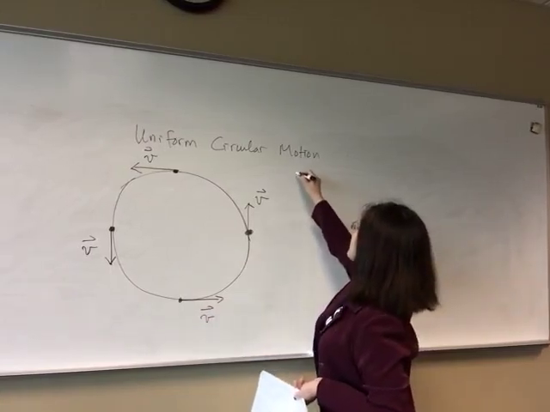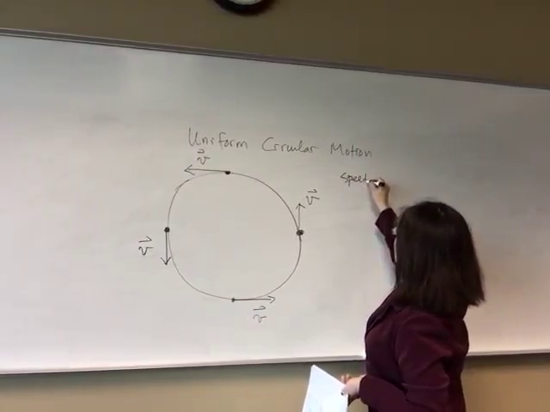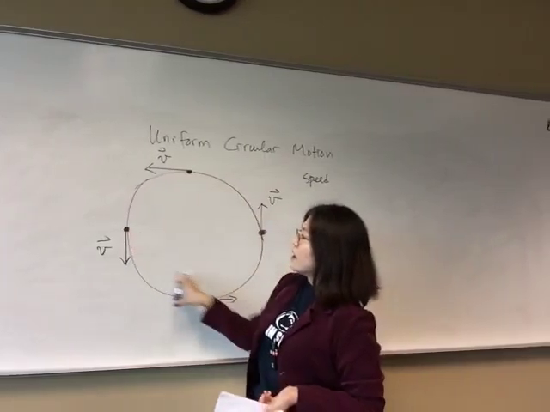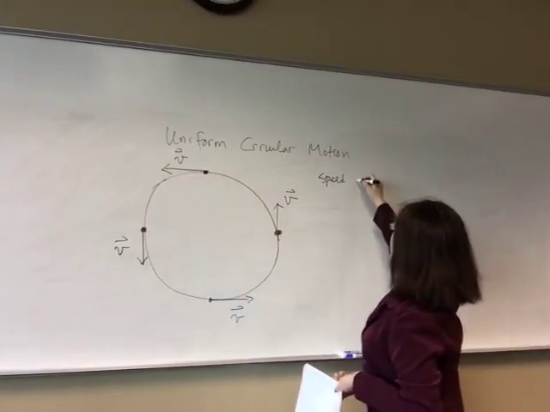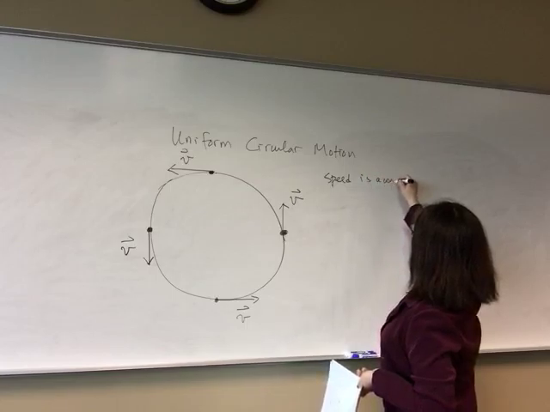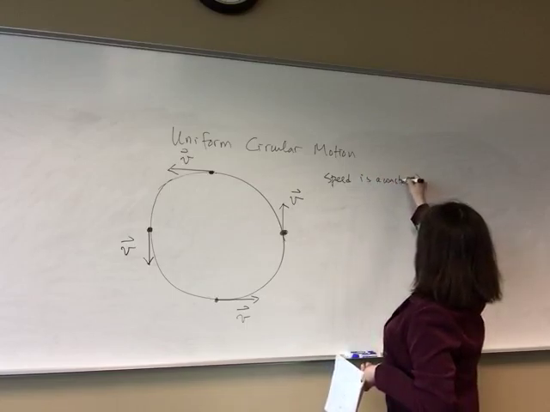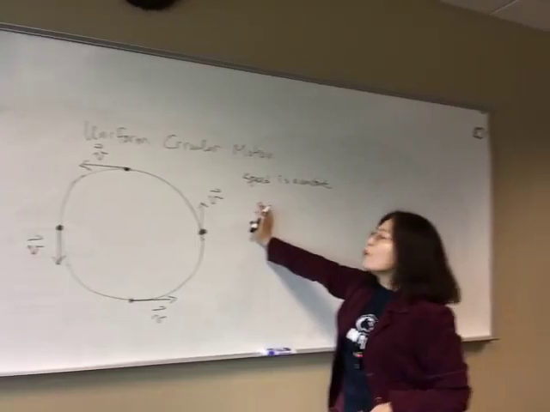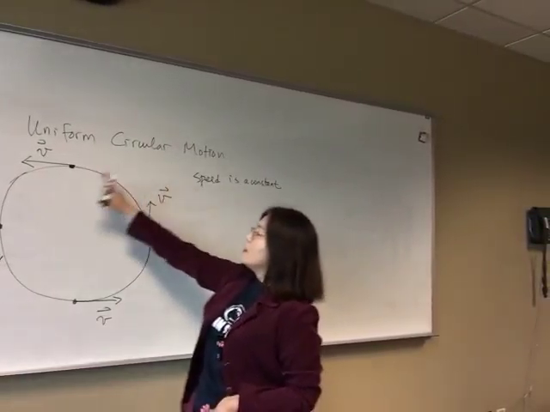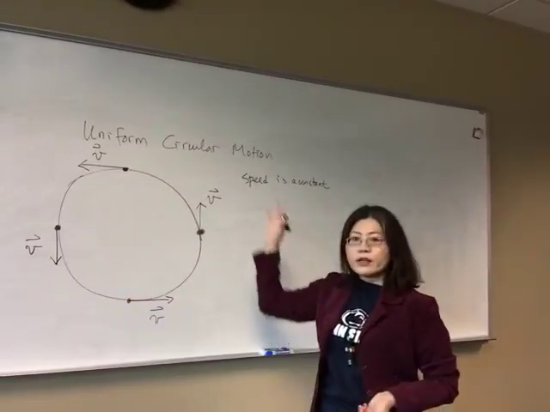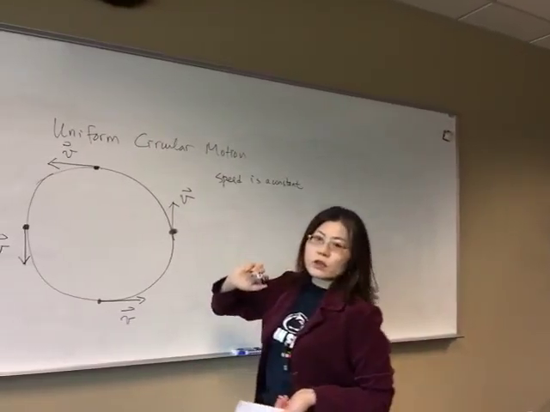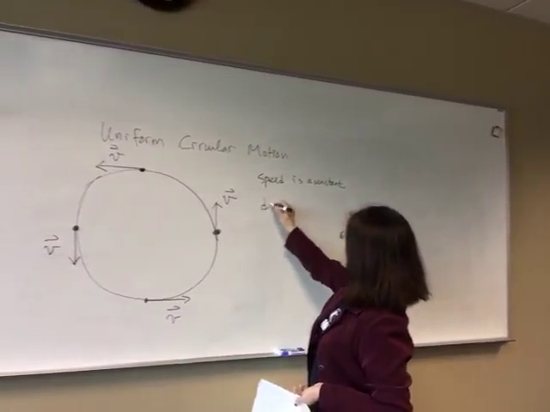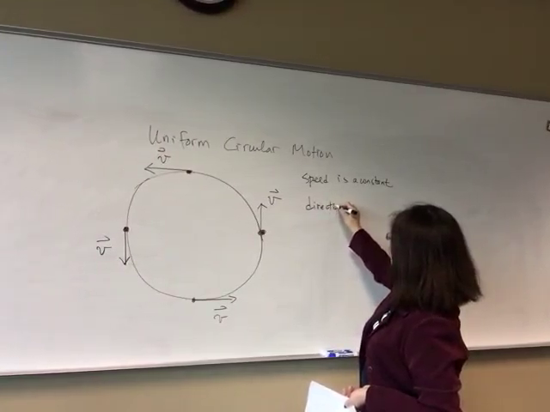It means that the magnitude of velocity does not change, so the speed is a constant. Speed is the magnitude of the velocity. What about direction? Upward, leftward, downward, rightward, and it just keeps moving like that, forming a circle. So the direction of velocity changes.